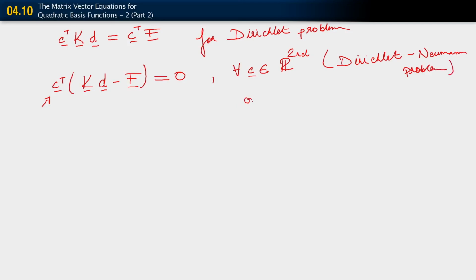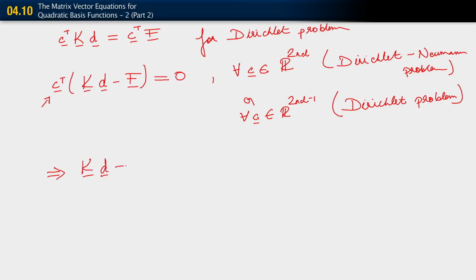Or for all C belonging to R 2NEL minus 1, this would be for the Dirichlet problem. Right? Well, if that is the case, one can show from standard arguments that this implies, therefore, that KD minus F has to be equal to 0.